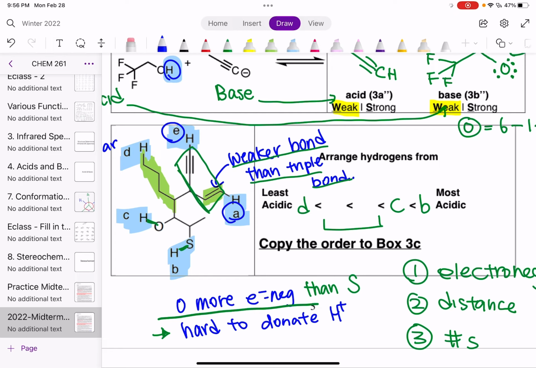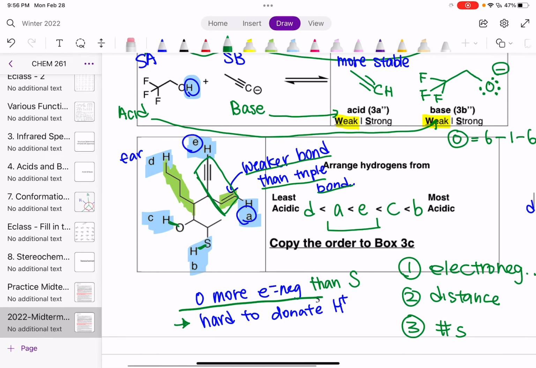So proton A, the hydrogen A, is more acidic than hydrogen E. So, whoops, wrong color. So we have this and this. Oh wait, no. Oh, it's this and this, right? Let me just see if this is correct.